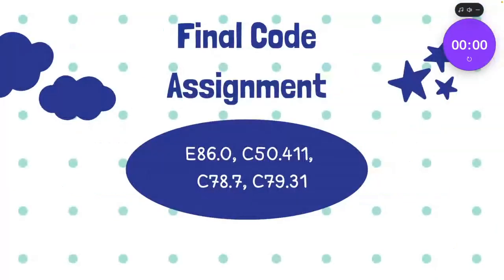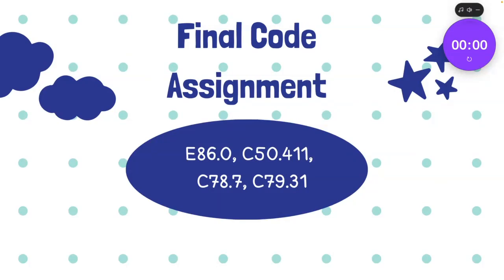As I mentioned, per the guidelines, when the encounter is for management of dehydration due to malignancy, and only the dehydration is treated, the dehydration is sequenced first, followed by a code for the malignancy. We had three neoplasms.